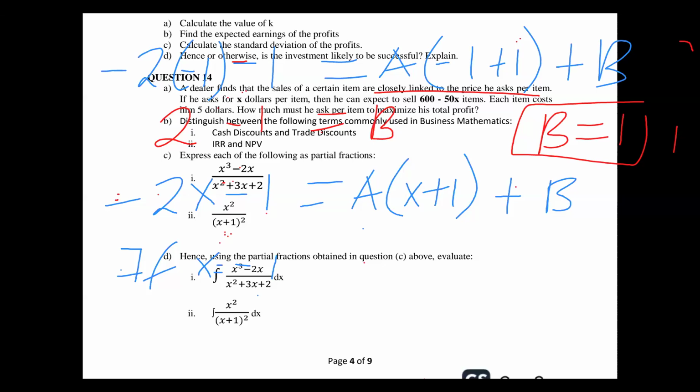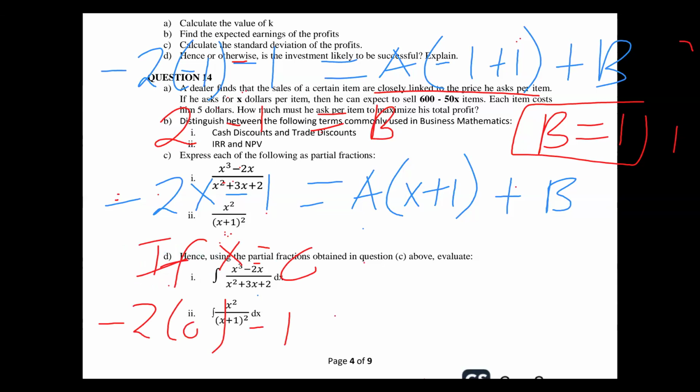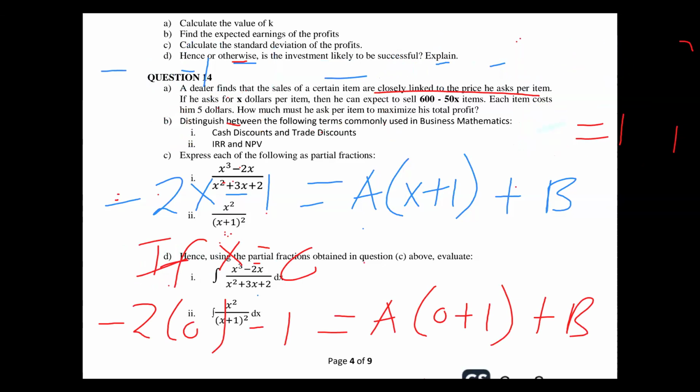Is that clear? We found the value of B. What if x is equal to 0 now? We want to solve for A. If x is 0, then -2 times 0 minus 1 is equal to A times (0 + 1) plus B. Negative 2 times 0 is 0, so we have negative 1 equal to A plus B, and B we already have is 1.